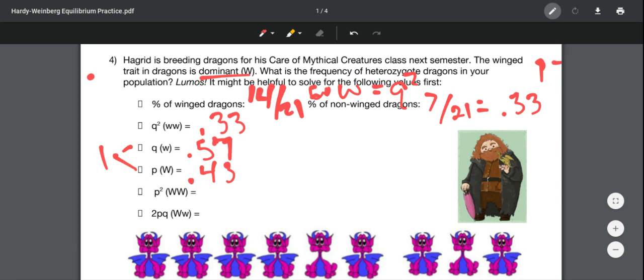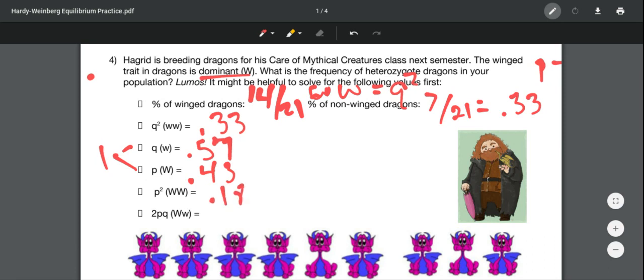Then we can just find out the rest of them. So P is 0.43, and P squared, which is homozygous dominant, is 0.43 squared, which, again, will be slightly different depending on when you round, is going to be 0.18.